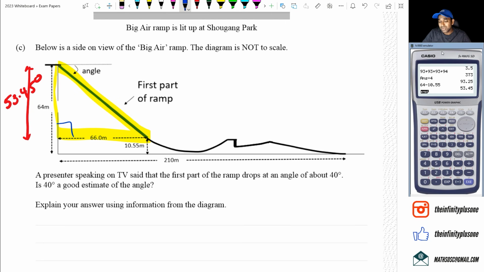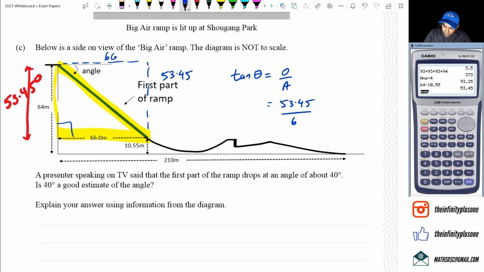Now, if you are using trigonometry, I know that this part right here, I can flip it over. That's 53.45, and then this is 66. So you've got tan, opposite over adjacent. Tan of the angle is opposite over adjacent, which is 53.45 over 66. Then theta is inverse tan of 53.45 over 66.